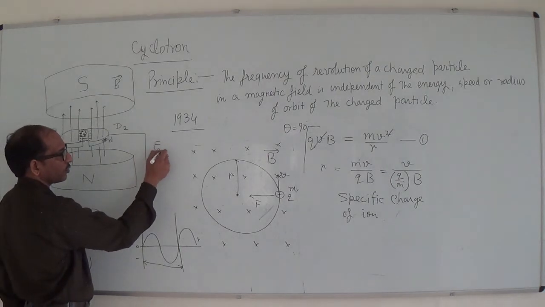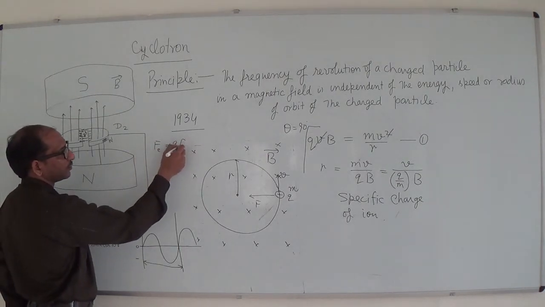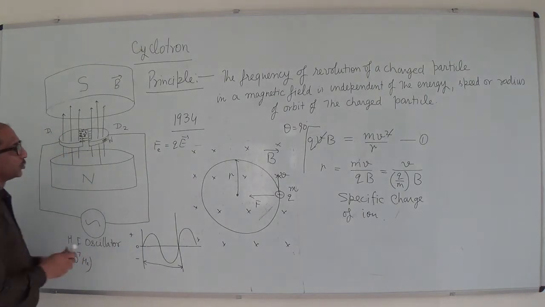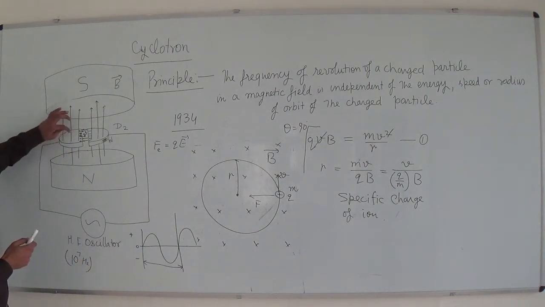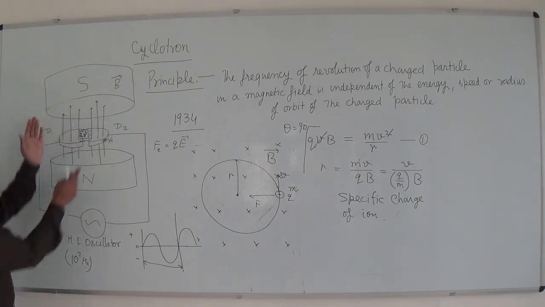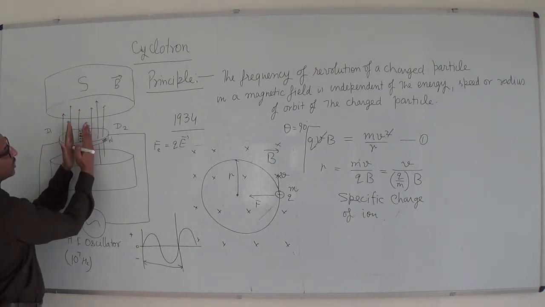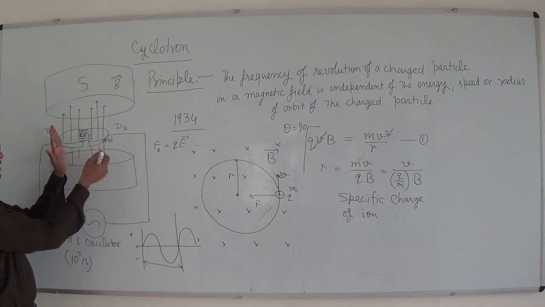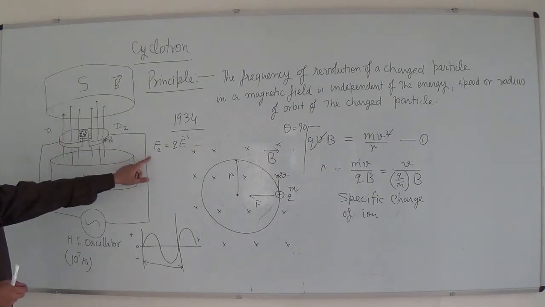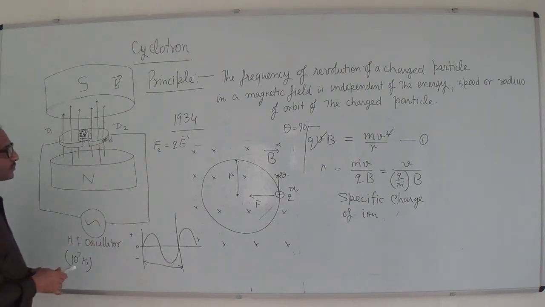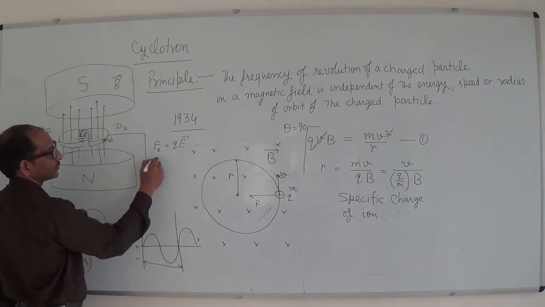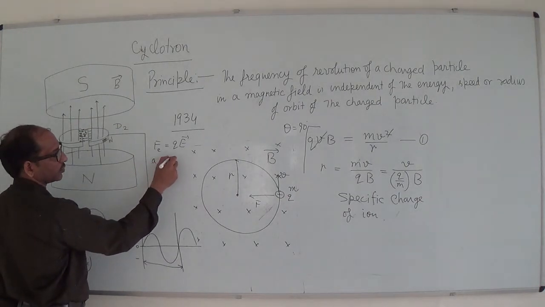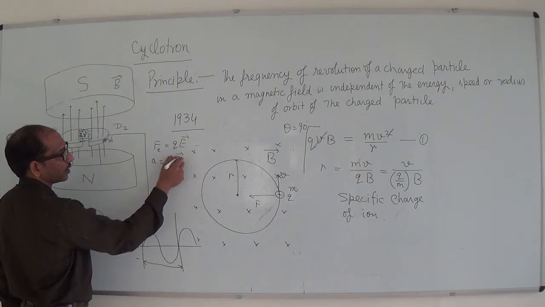So the force on the ion will be QE, and when the ion enters the region between the two D's, it gets accelerated because of this force. You know, a is equal to QE upon m.